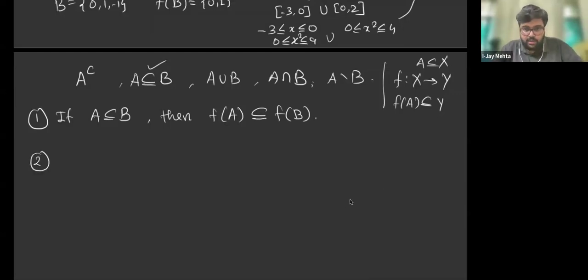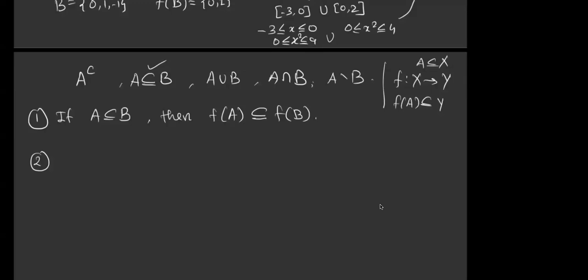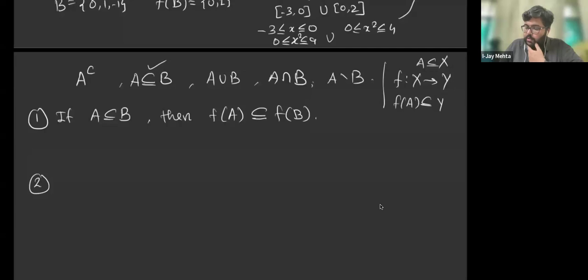So what do we have to check now? Can anybody tell me? Now we are taking the relation union. What is it that we want to check? Jainam? If A is a subset of B, then F of A union F of B is a subset of F of B. No, subset we are not taking.